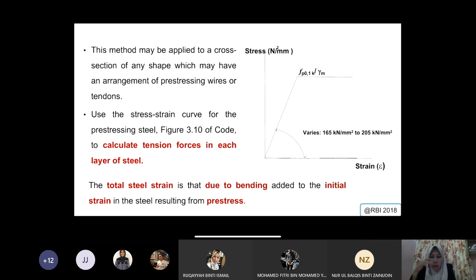It depends on how many layers of steel you have. The total steel strain is that due to bending added to the initial strain in the steel resulting from the pre-stress. So you have the strain coming from the reinforcement itself, and then you have additional strain which comes from the pre-stress value.